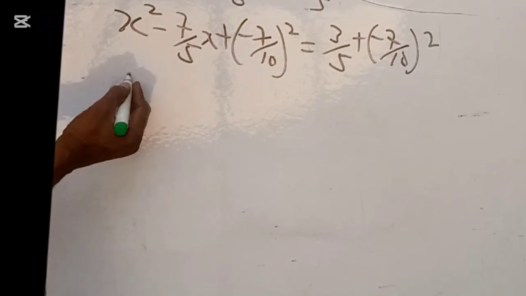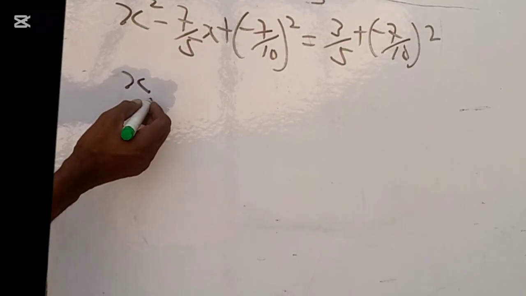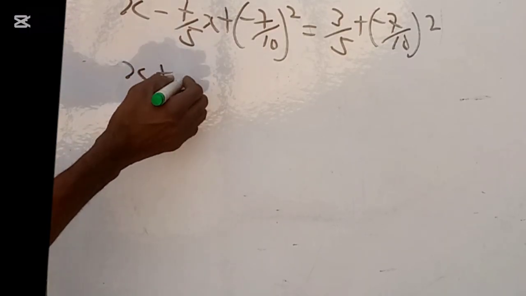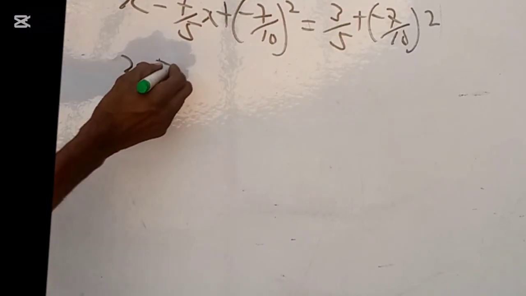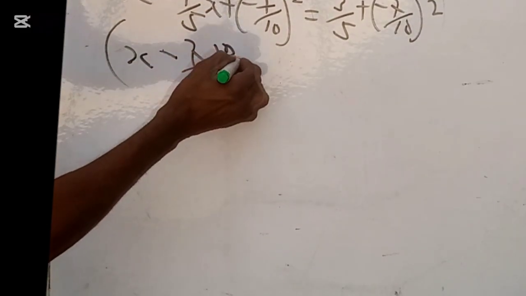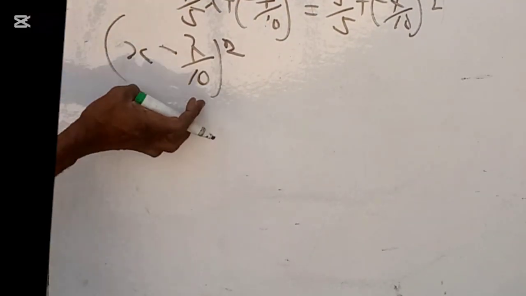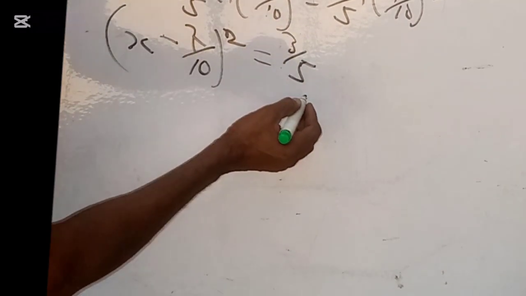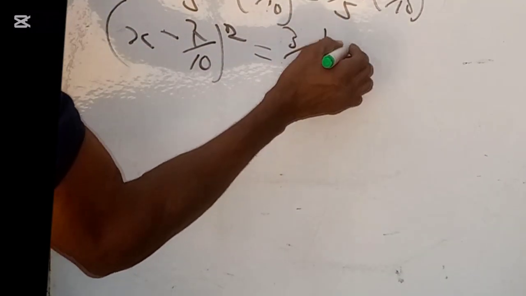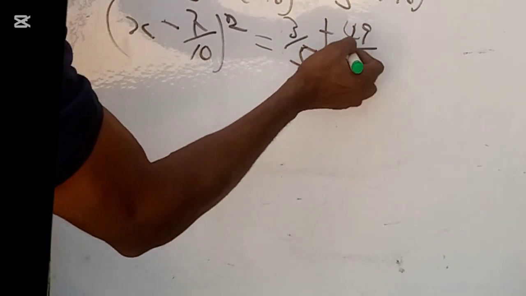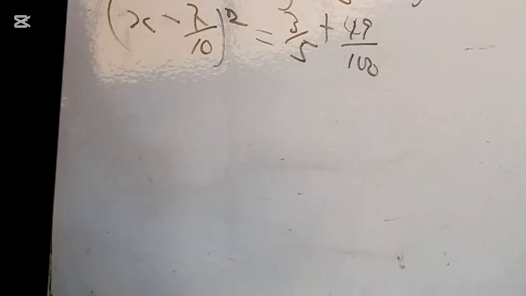Now, this side gives me x plus, let me put it this way, minus 7 over 10, squared. And this side I have 3 over 5 plus, if I square this, square of 7 is 49, square of 10 is 100.